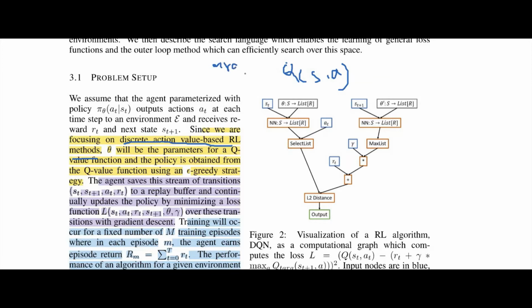So argmax over a is your policy pi, because obviously you will take the action which has the highest possible value, and since it is a discrete action space, this argmax is actually easy to calculate. You can just figure out the Q value at every possible action and take its argmax. If it was continuous, then things become weird, but we are not covering it here.